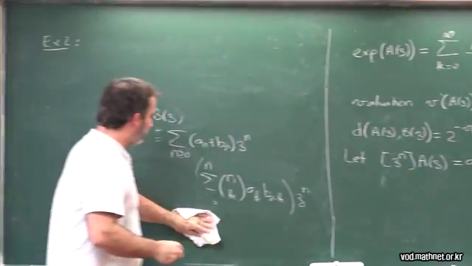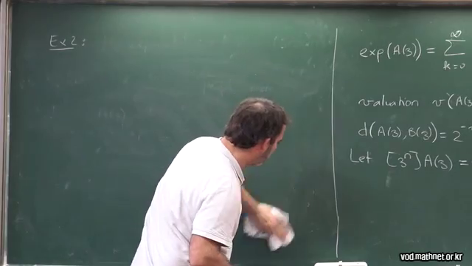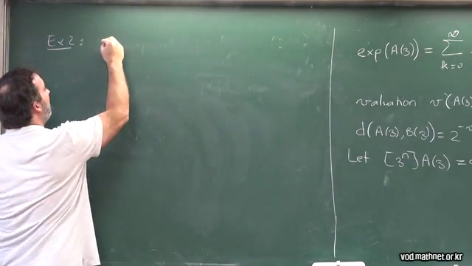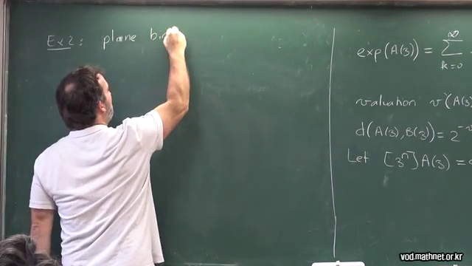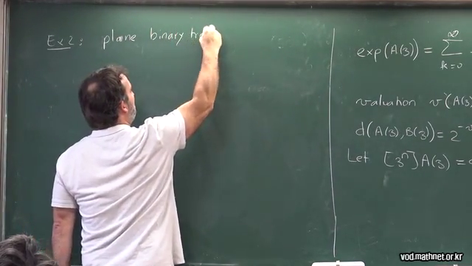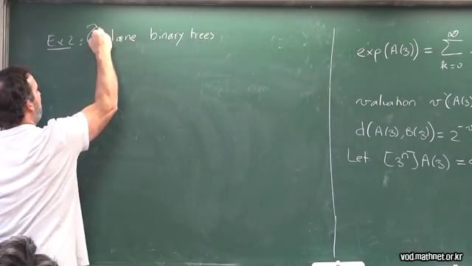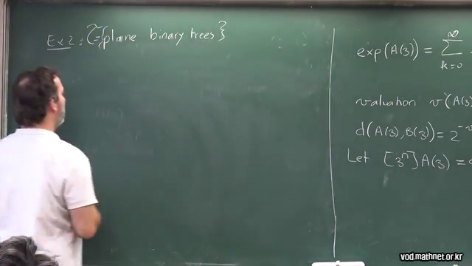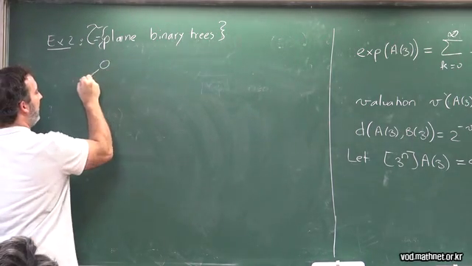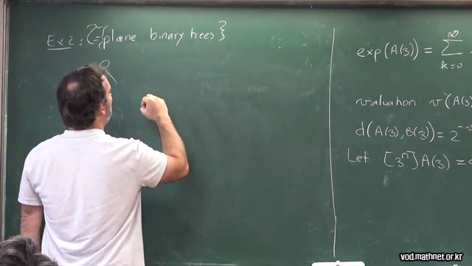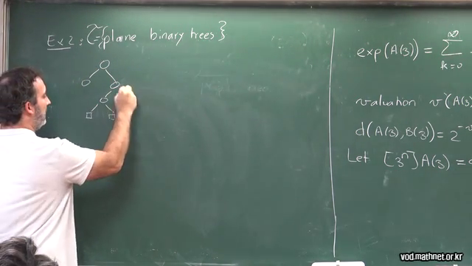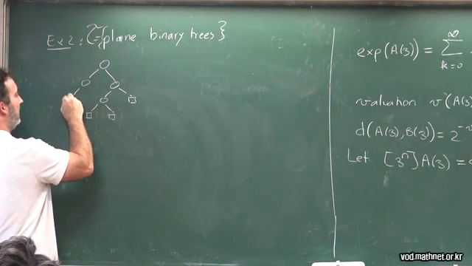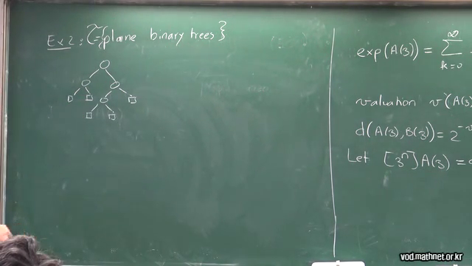So in computer science, we are using a lot of trees. So a plain binary tree, let's say it's T. And what is it? It's something like that. You have two kinds of nodes.